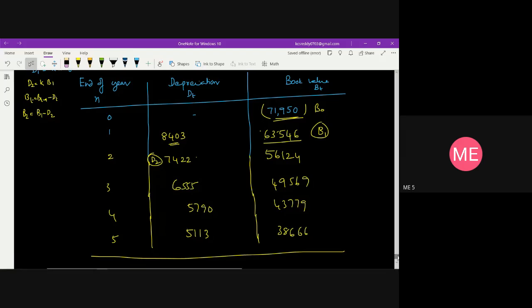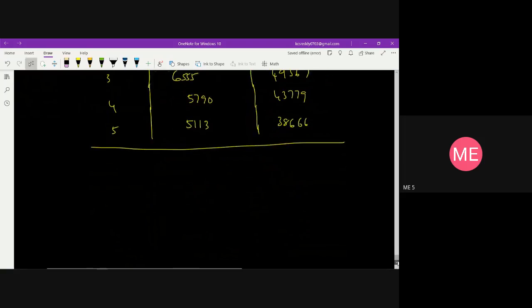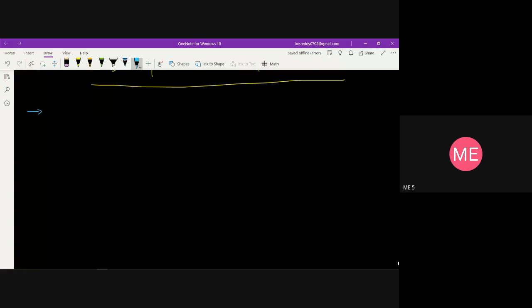Similarly, in some of the problems, they might give the fixed percent directly. For example, there will be an initial cost.